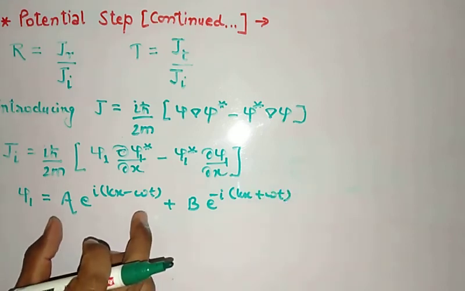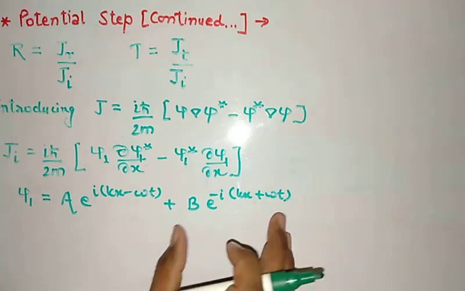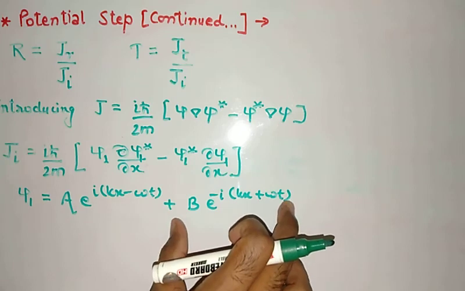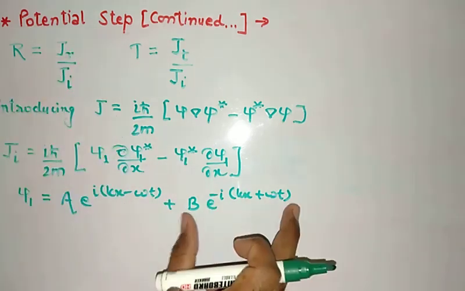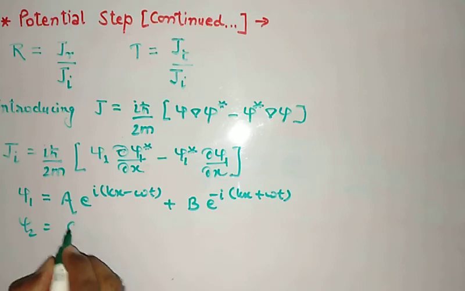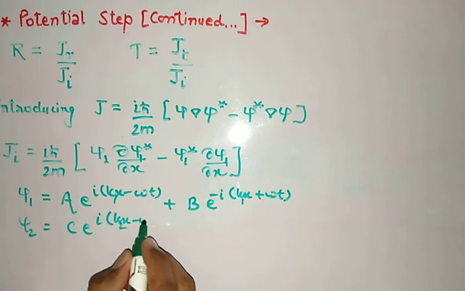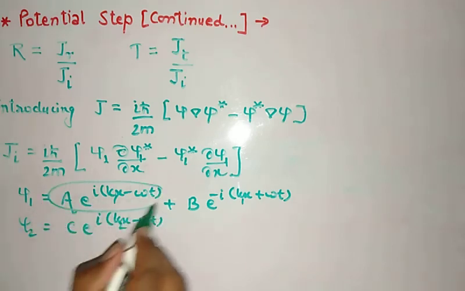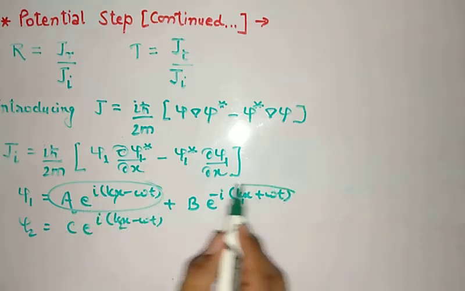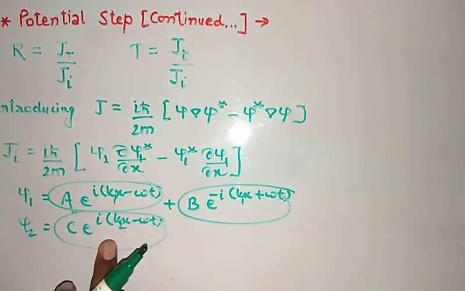This was for incidence and reflected, as you know from the previous video, so we will not use it here. First we will use it for Ji, and the same for Jr, reflected. And for psi 2 we have e to the power i(k2x minus omega t), which we will use in Jt. So this is for Ji incidence, for Jr reflected, and for Jt transmittance.